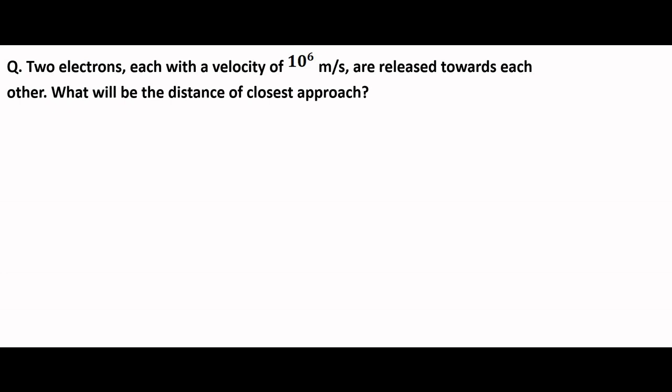Okay, so what this question actually means is that we have two electrons, electron 1 from the left side, and another electron 2 from the right. They are released towards each other from far away with a velocity of 10 to the power 6 meters per second.